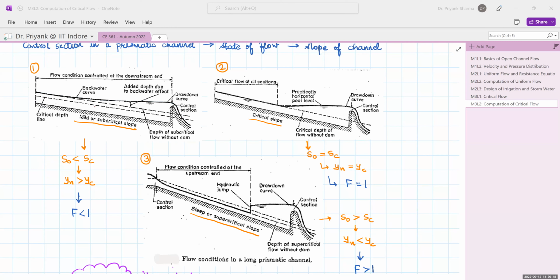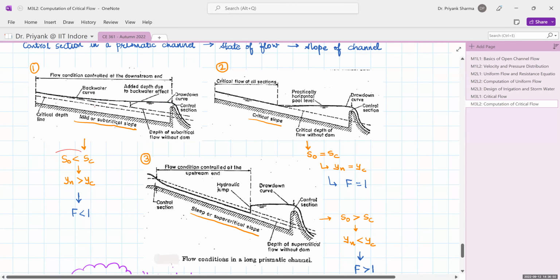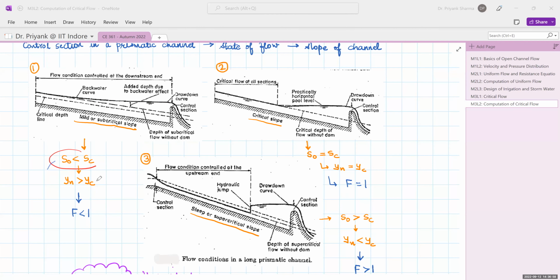So what happens in a mild slope channel? Your S naught is less than Sc, and thus yn is greater than yc. So here the Froude number is less than 1. That is the case for a subcritical slope or mild slope channel.